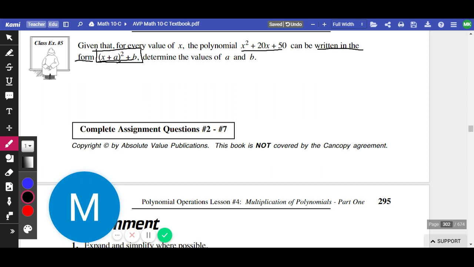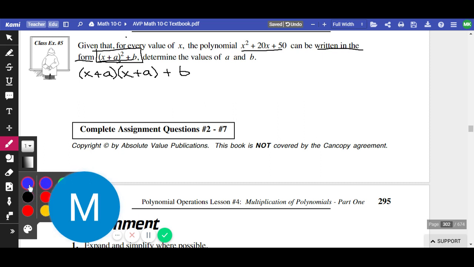We're going to expand this thing. We're going to make it x plus a times x plus a. That's what it means to be squared. And then plus b at the end. I'm going to continue expanding, so I'm going to multiply these two things together.